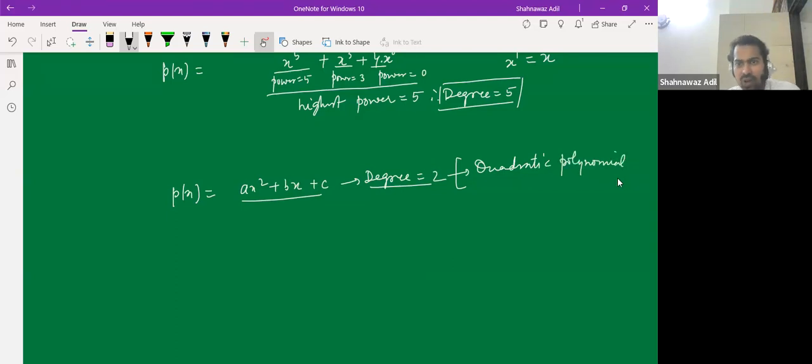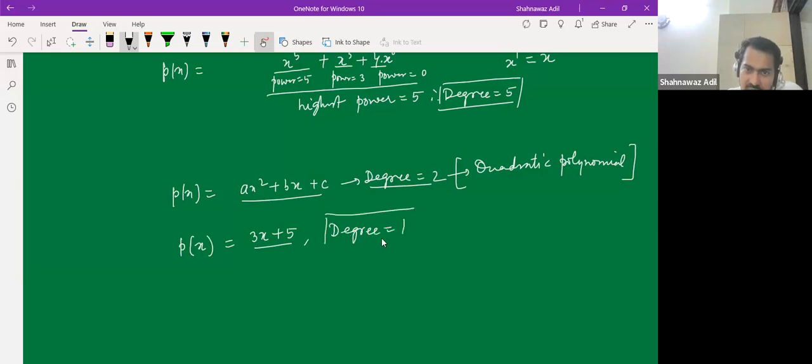So on the basis of the degree of the polynomial, we have different types of polynomial. If I write a polynomial, let's say 3x plus 5, what is the degree? Degree is 1. So this is called the linear polynomial.